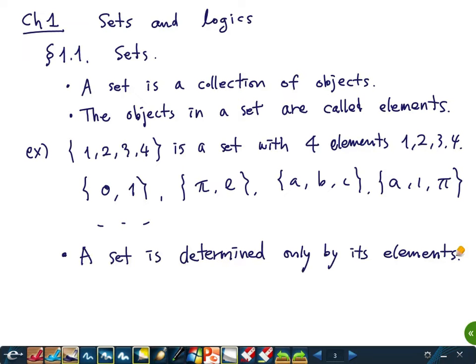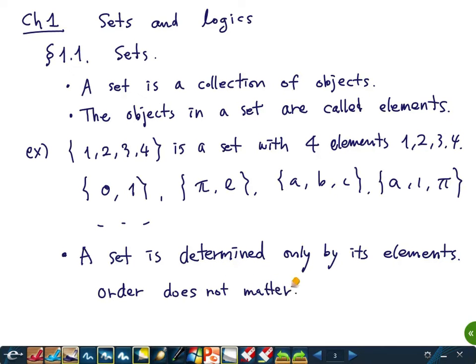We don't want to consider how many of these there are. It is just a yes or no question. Also, the order of the way I write these elements doesn't matter. They all mean the same. So order does not matter.